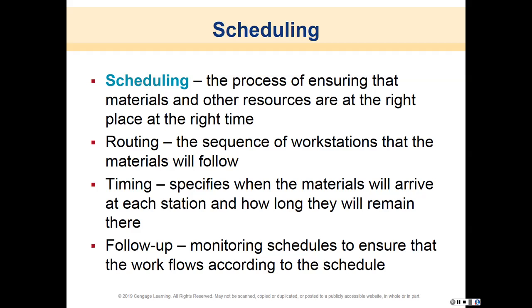Scheduling just says, hey, we've got to keep track. Sometimes some processes take longer than other processes. So maybe it takes 10 minutes to mix, but it takes 30 minutes to bake.